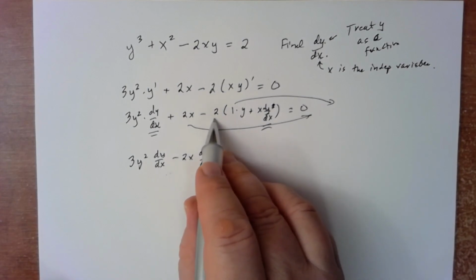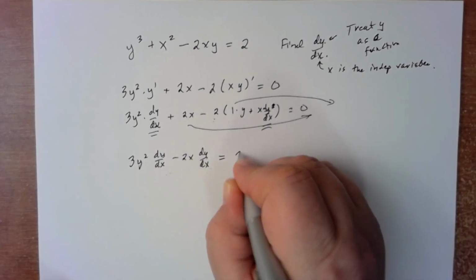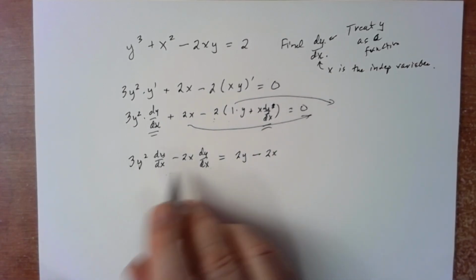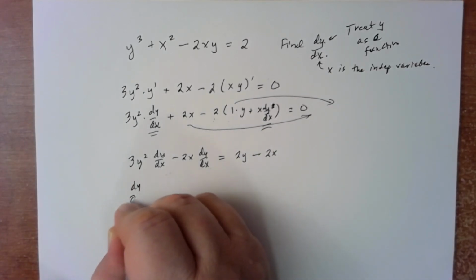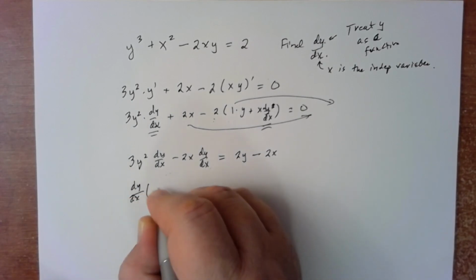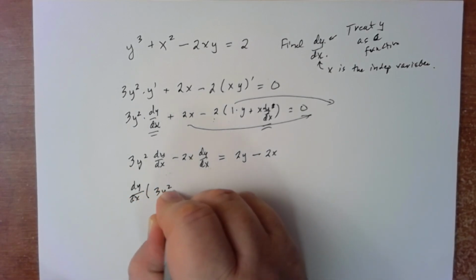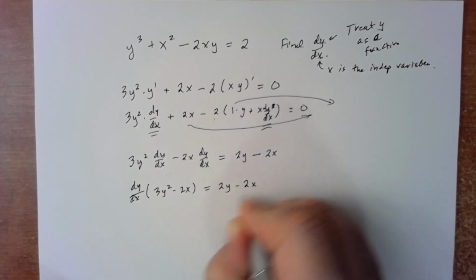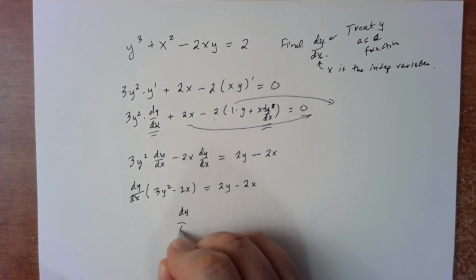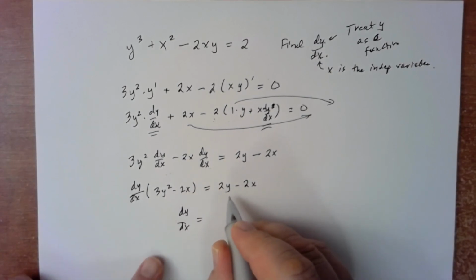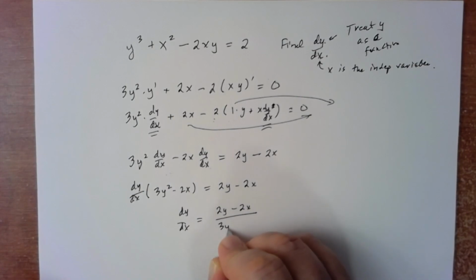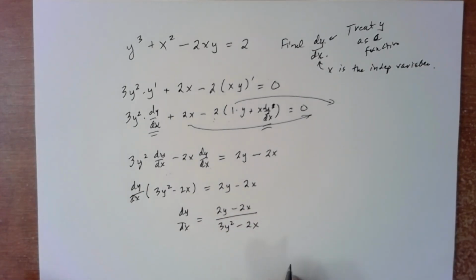So that's going to be minus 2y on this side becomes 2y on this side, minus 2x, and then pulling out the dy over dx, I get 3y squared minus 2x. Good, and then dy over dx is equal to 2y minus 2x divided by 3y squared minus 2x.